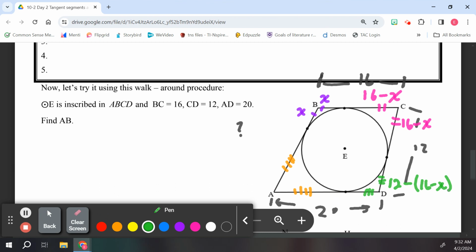That is important here, because when we simplify, we're left with negative 4 plus X. And now this side is going to be 20 minus negative 4 plus X, which ends up being 24 minus X.